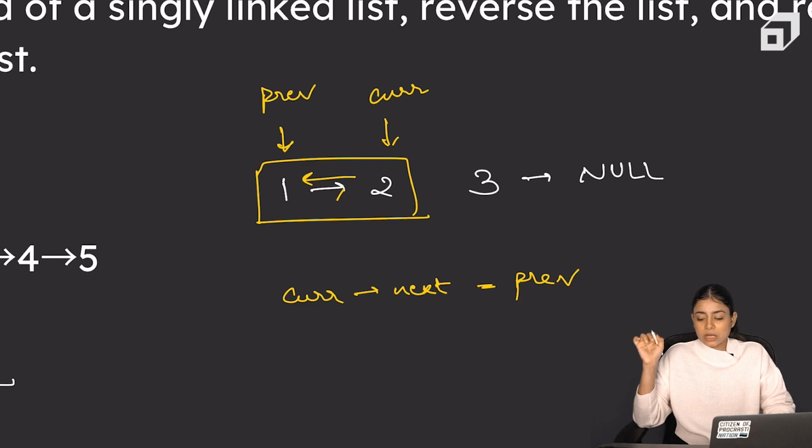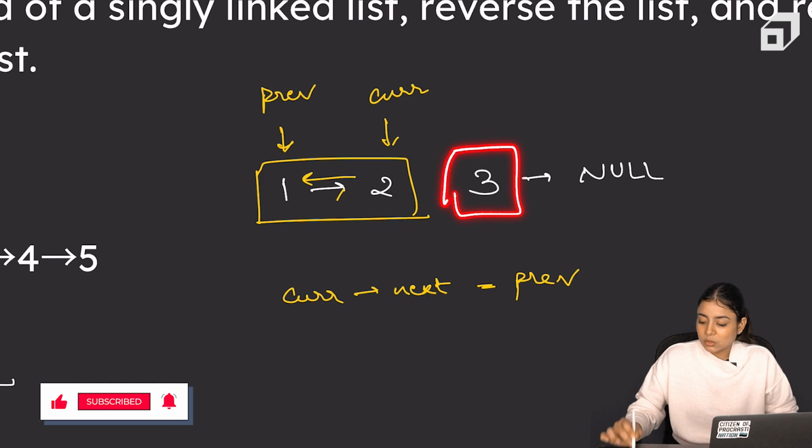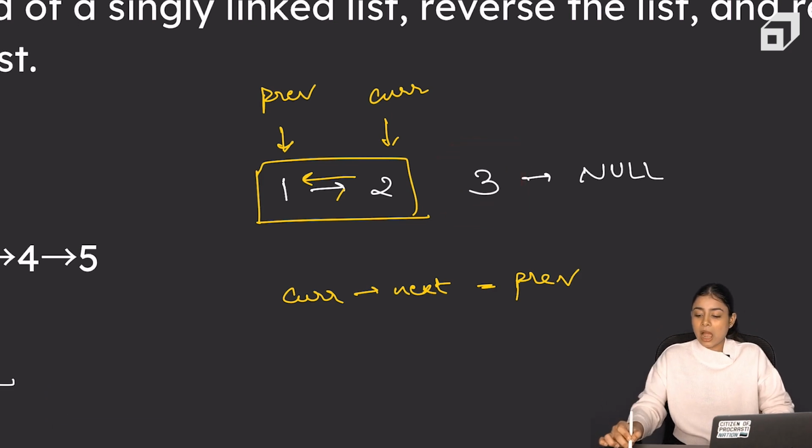Now if we do that, we have lost the access to the rest of my linked list, right? How do I access the rest of my linked list after 2? Because now I have already changed the next of 2, so I don't have access to what was there previously. So I'll actually have to make use of 3 pointers here.